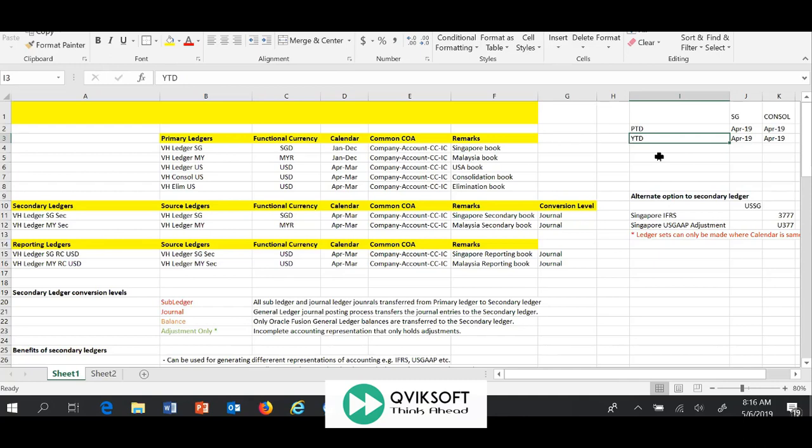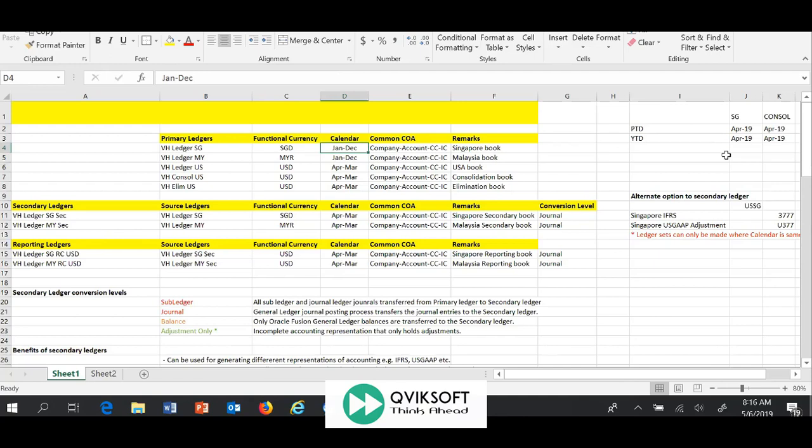As I mentioned earlier, the difference is when your P&L becomes 0. If I do YTD, when I reach January, this calendar is still not finished yet, and this calendar will make my P&L 0. And when I do consolidation, suddenly my balance sheet is out. My P&L has become 0.